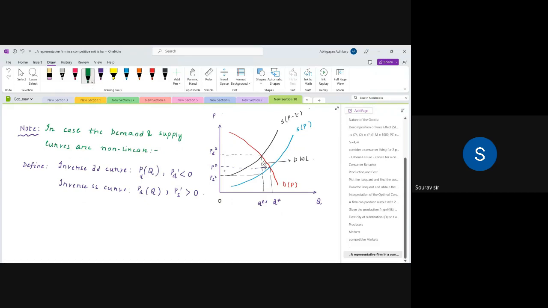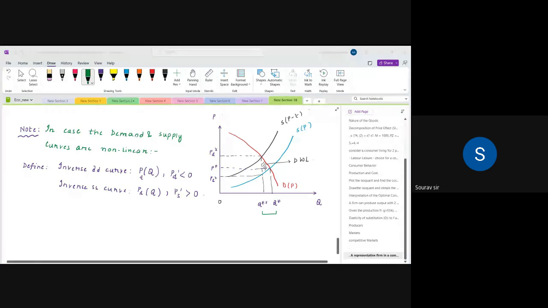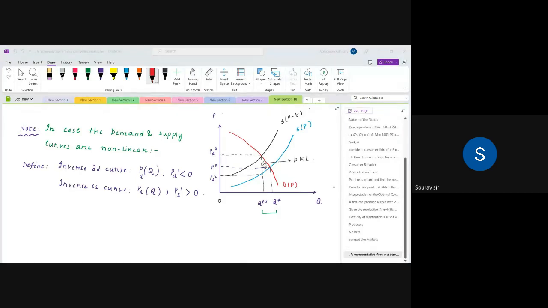If you check out this part, the region between Q star and Q double star. The area under the demand curve, I'm just disturbing the diagram, you'll leave it intact, would be this entire part, if I integrate.